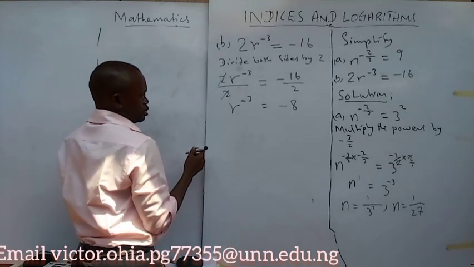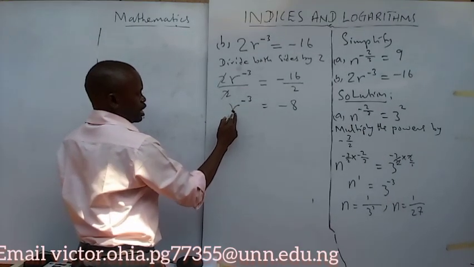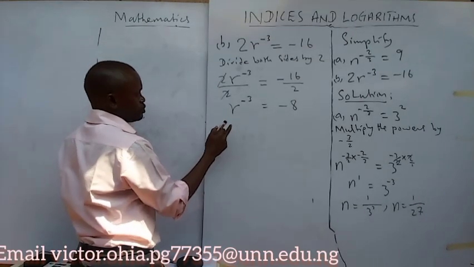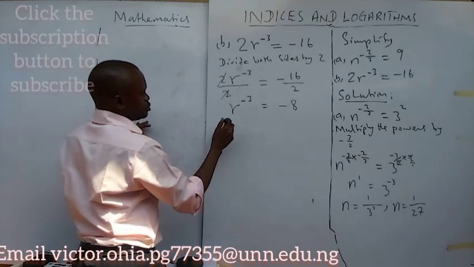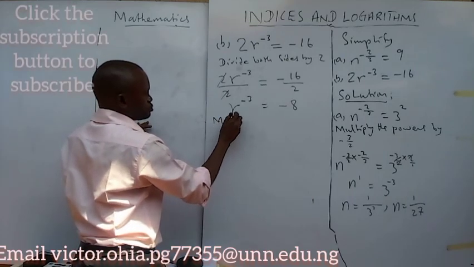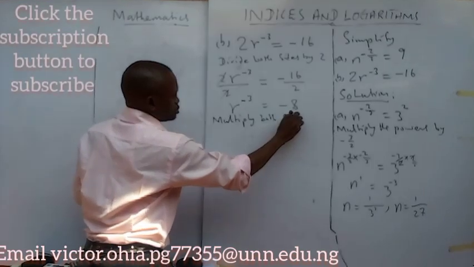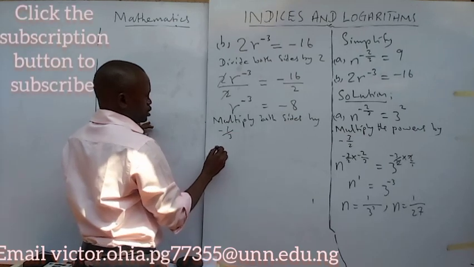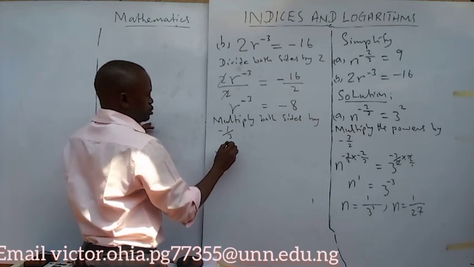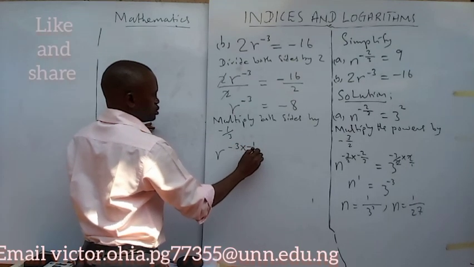All right, how are we going to take away this power so that r will stand alone? That's exactly what I was saying. What's the reciprocal of this? That's minus 1 over 3. So if I multiply both sides by minus 1 over 3, you will now have r raised to power minus 3 times minus 1 over 3.